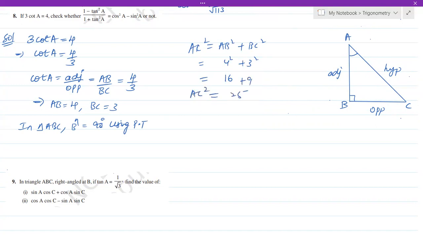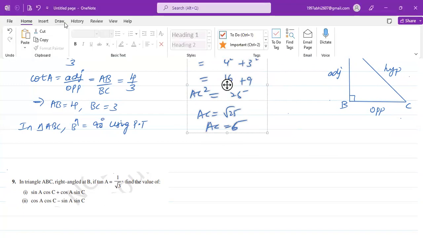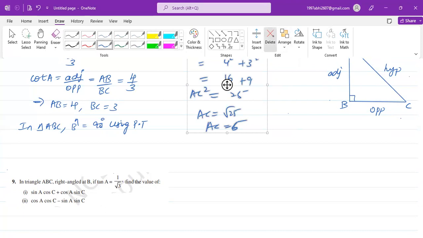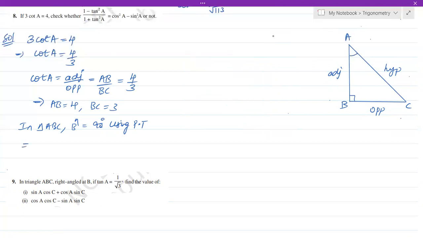So AC square is equal to 25, therefore AC will become square root of 25, which implies AC is 5 units. So using Pythagoras theorem, we'll get the value of AC as 5 units. Okay. So this is 5, 4, and this is 3.